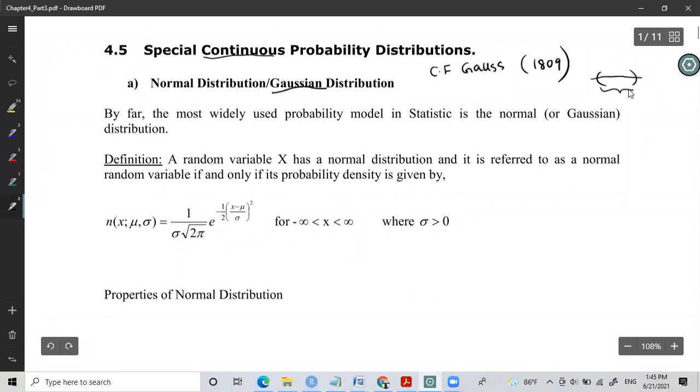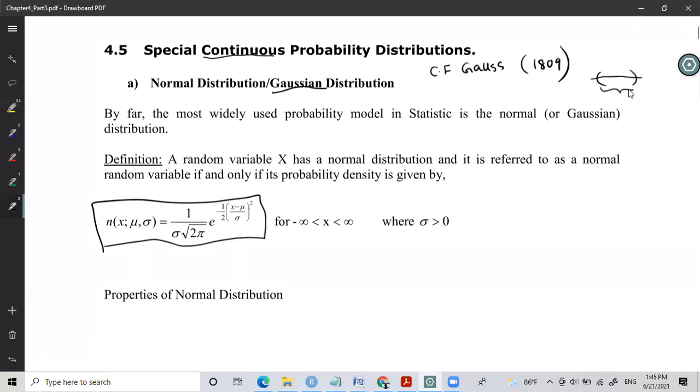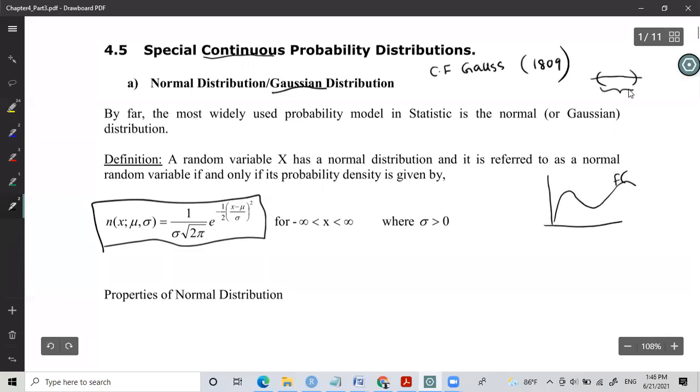When you have continuous types of distributions, usually it is the shape that defines the equation of this function. So this is actually a function. Don't worry about these equations. You don't have to memorize them. For any continuous random variable, if it has a distribution like this, this is the function f(x).